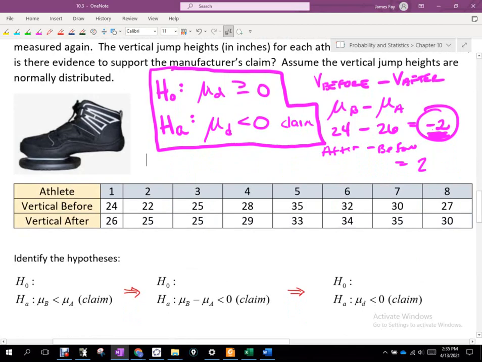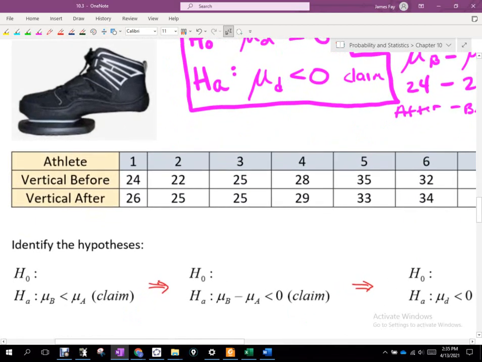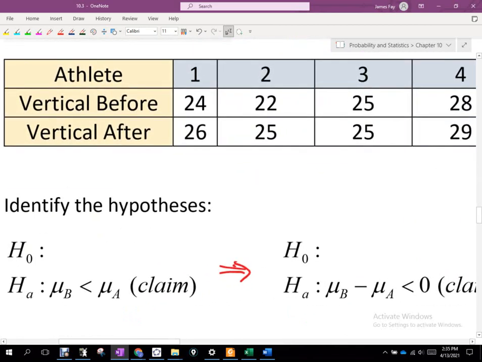If you come down here, I've got the options here for you, okay? You can start this way if this makes most sense to you. We are saying that after the program, your average should be greater than it was before, right? So the mean before is less than the mean after. If I subtract those, I get this here, and that's exactly what I did earlier, before minus after.